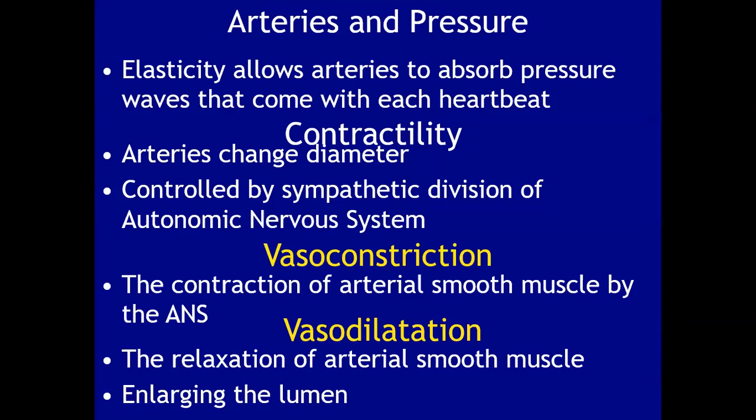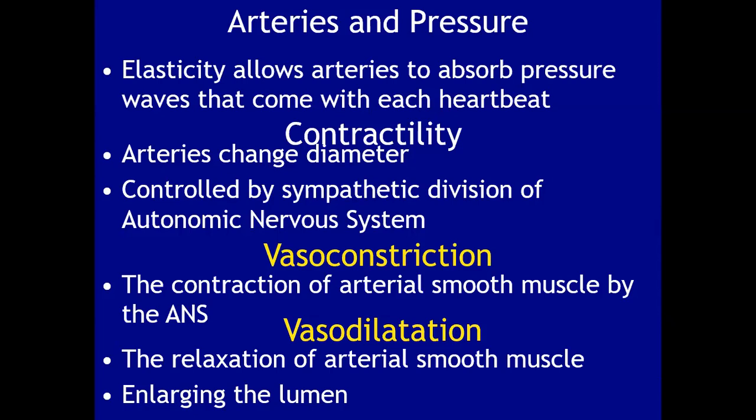Okay. So if we're talking about pressure, we're typically talking about high pressure versus low pressure. High pressure is going to be on the arterial side. That's where we're going to have the greatest amount of contractibility. We're able to change diameters a lot more in the arteries than we are in the veins. And this is controlled by our sympathetic division of the autonomic nervous system.